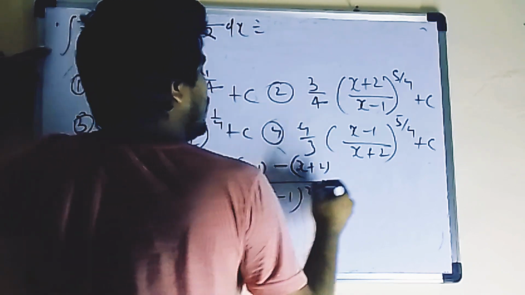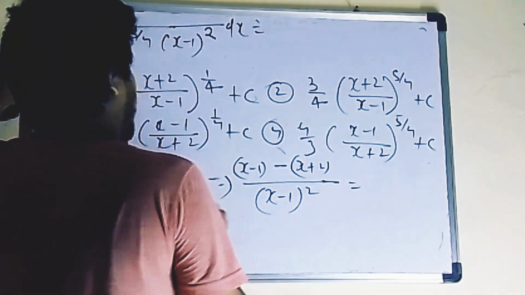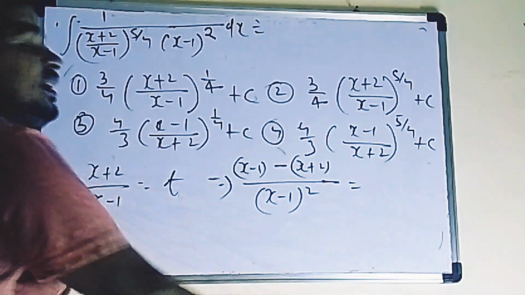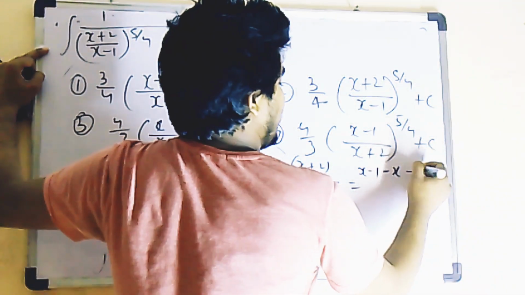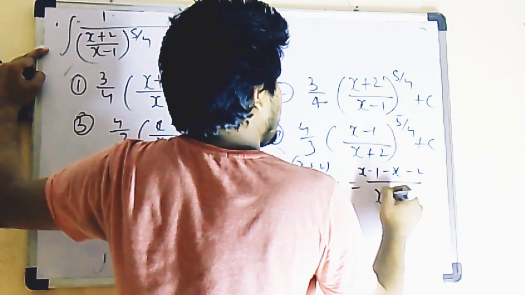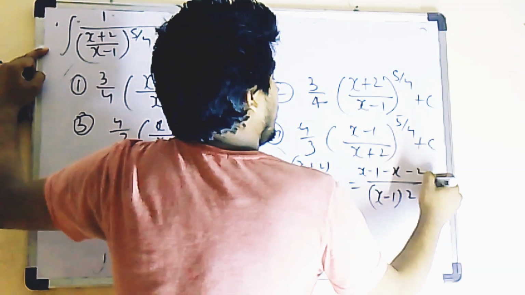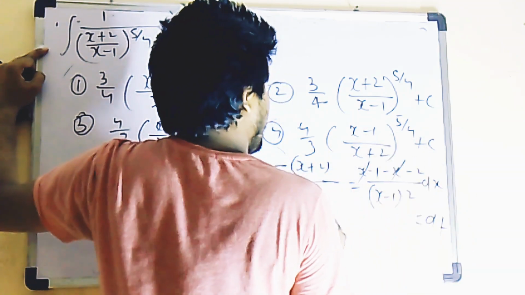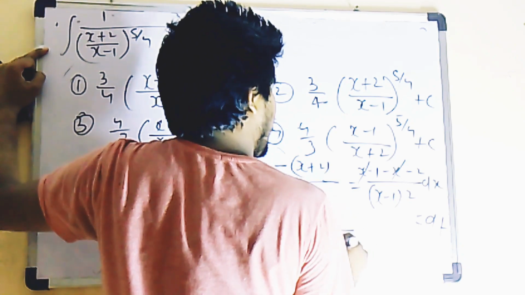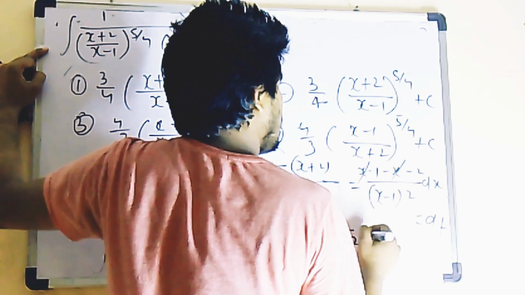So this is what I'm solving, then I will write dt directly there. This is (x minus 1 minus x minus 2) divided by (x minus 1) whole square, dx equal to dt. Clear? X cancels out, so minus 3 divided by (x minus 1) whole square, dx equal to dt.